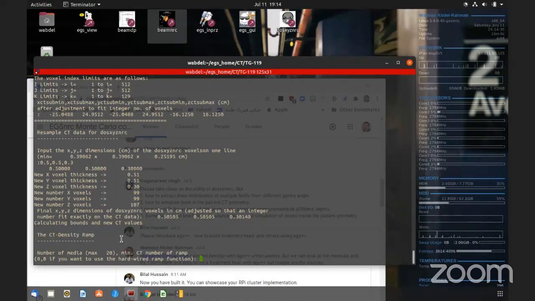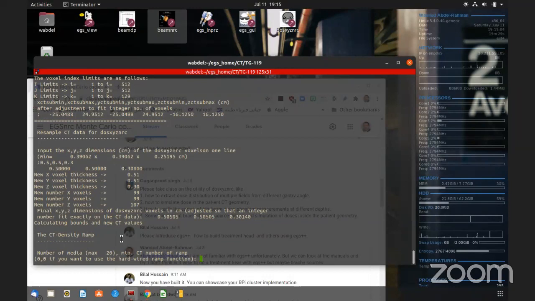When it's 200 up to 700, probably that is bone. More than that, maybe it's a metal. So the question is how I'm going to assign the medium based on the CT number. We could, for example, say anything between minus 1000 up to, let's say, minus 700, you immediately give that voxel air.